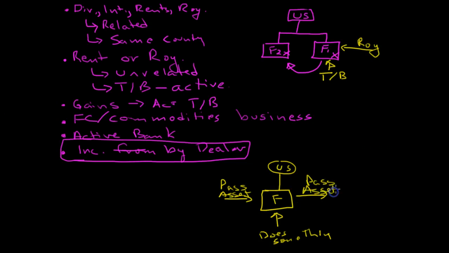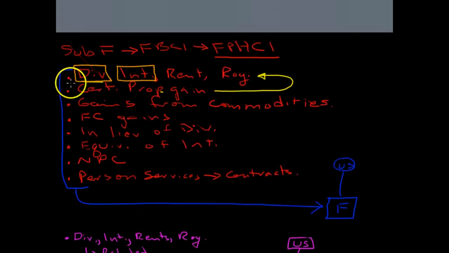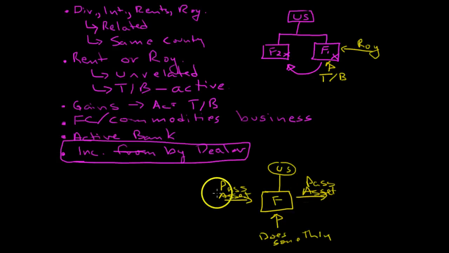And on its surface, this would seem to fall directly under, if we go back to our very first slide, certain property gains, right? Certain property gains are specifically that, gains from the sale of a passive asset. And it turns out that dealers potentially could be exempt from that or have an exception to that rule.